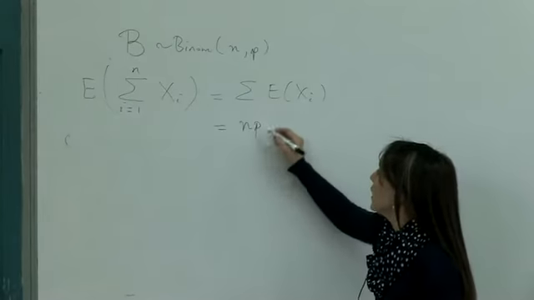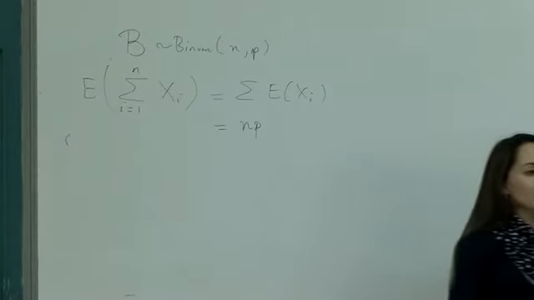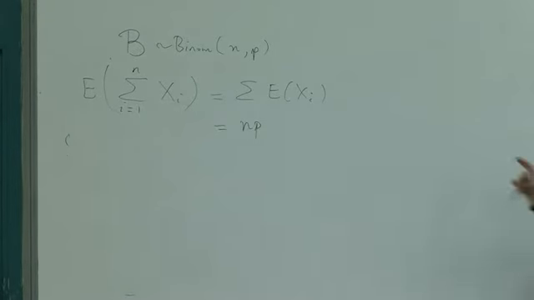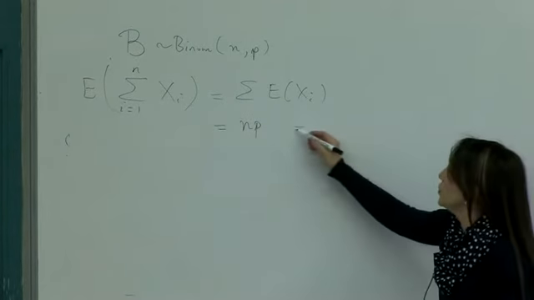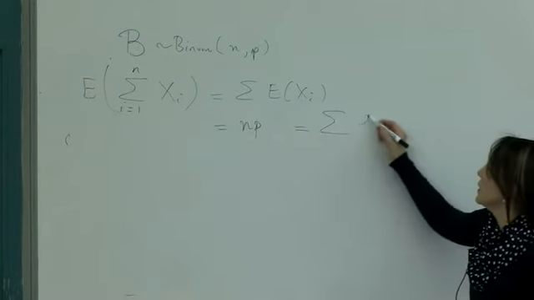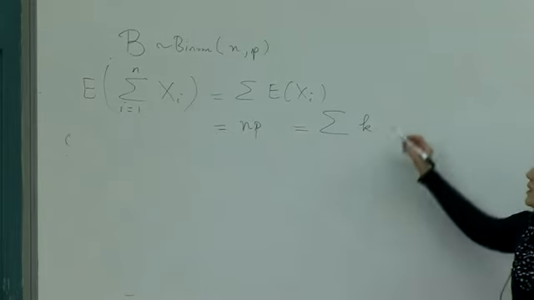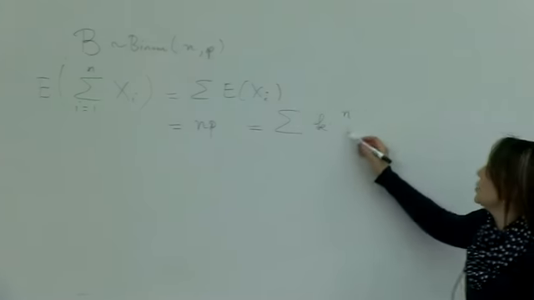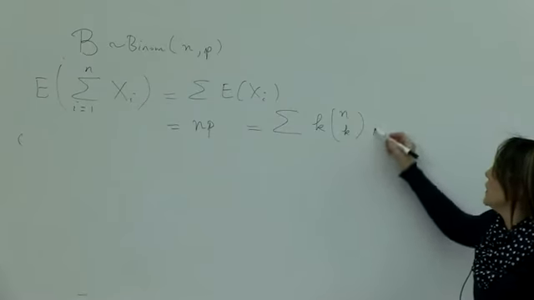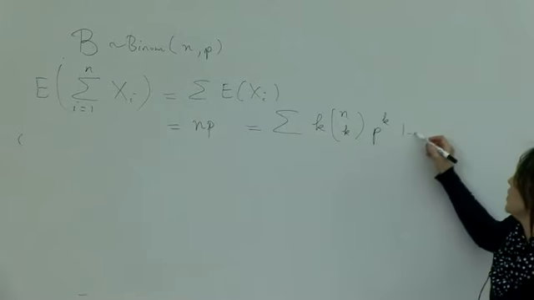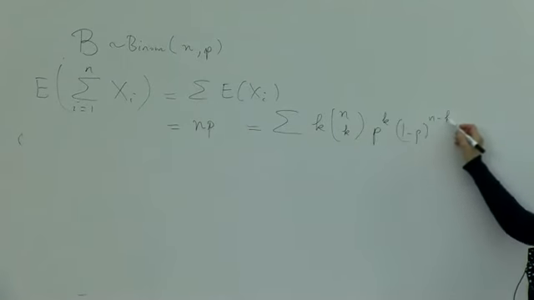N times p. But Burak's question was, is this also equal to the summation k times n choose k, p to the k, 1 minus p to the n minus k?